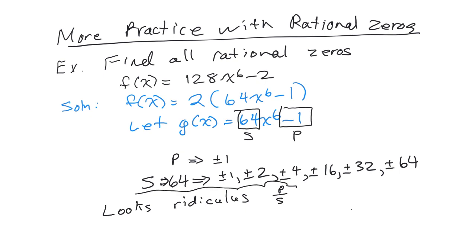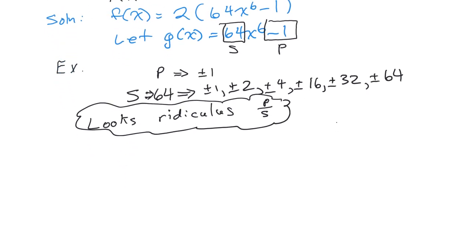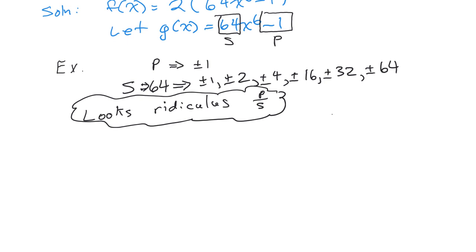That's insane. So here's what we're going to do. We're going to take a look at this function here, our g(x). Remember, g(x) is 64x to the 6 minus 1, right?